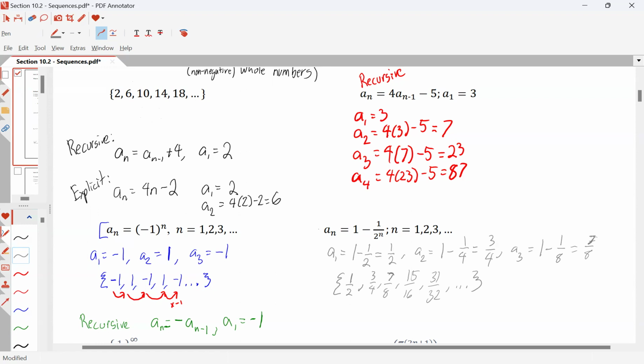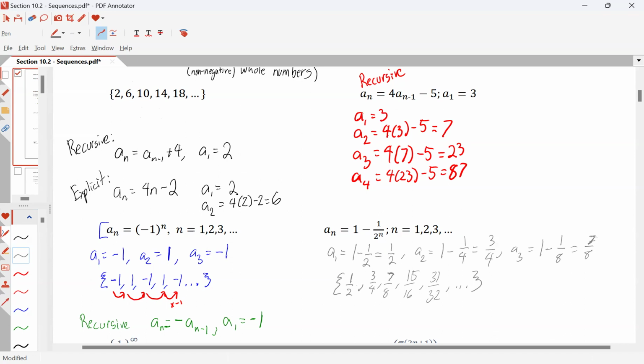However, on this last example, the 1/2, 3/4, 7/8, 15/16, 31/32, the fractions, the numerator is always 1 less than the denominator, making, as those denominators are growing, these fractions are getting bigger and bigger, but they're never going to get larger than 1.